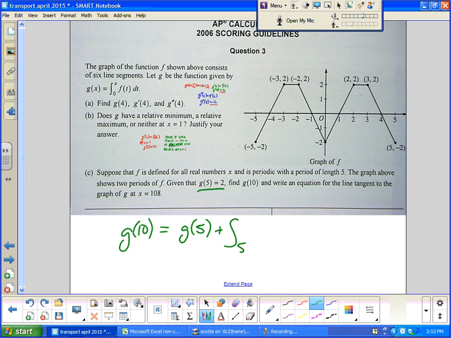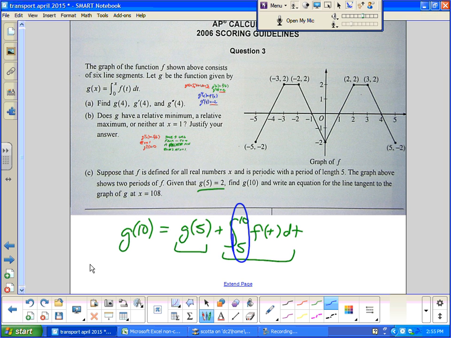And then I'm going to have an integral from 5 to 10 of f of t dt. But they told you in the problem that this value repeats, right? So we also know that if it repeats on 5, the distance on this one is also 5, right?